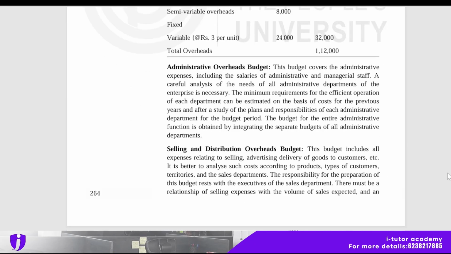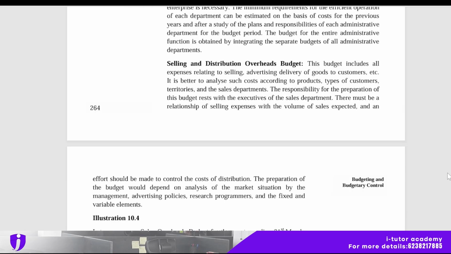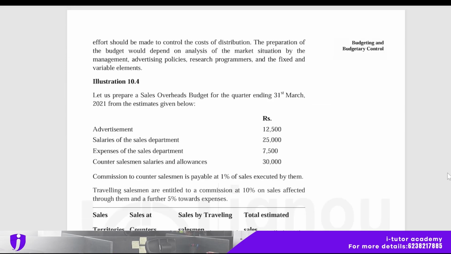Administrative overhead budget. This budget covers the administrative expenses including the salaries of administrative and managerial staff. Selling and distribution overhead budget. This budget includes all expenses relating to selling, advertising, delivery of goods to customers, etc. It is better to analyze such a cost according to product, type of customers, territories and the sales department. So illustration based on that.